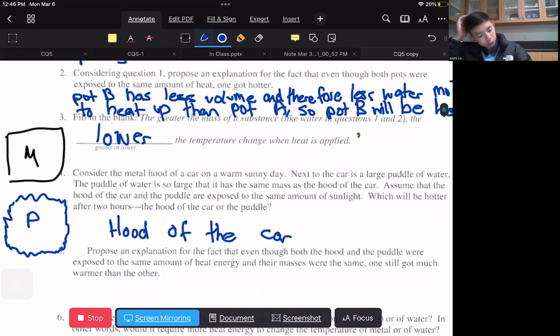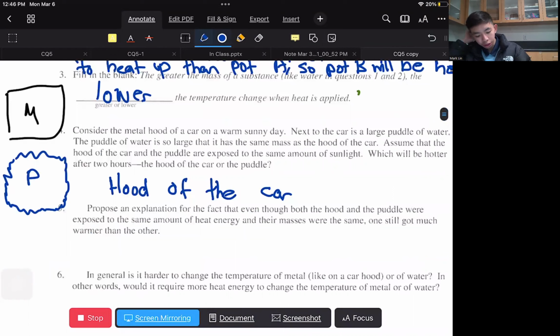Okay. Propose an explanation for the fact that even though both the hood of the car and the puddle were exposed to the same amount of heat energy and the mass were the same, one still got warmer than the other. So right, I just write down what I just said, right?